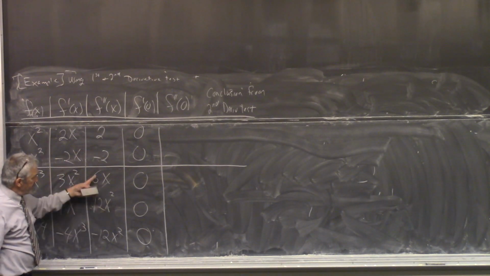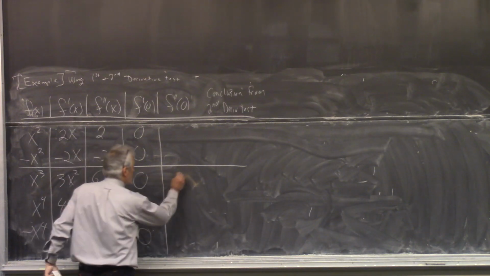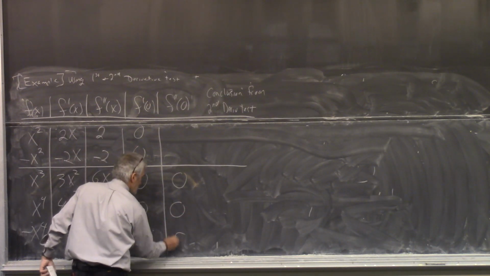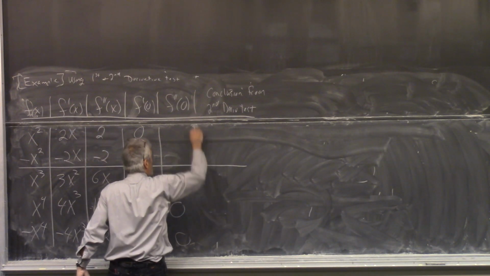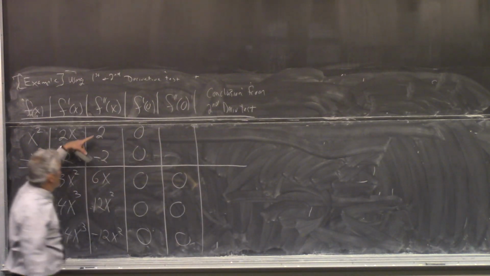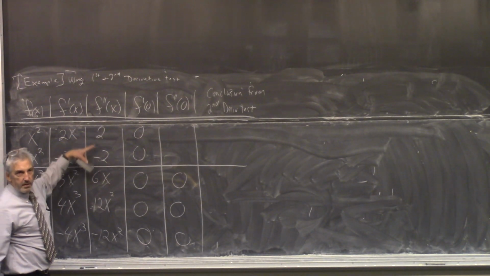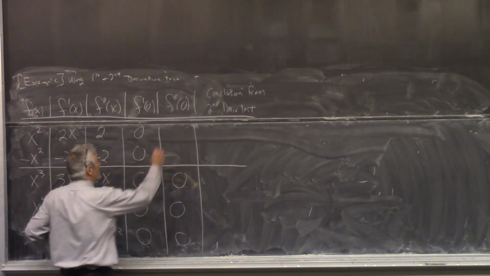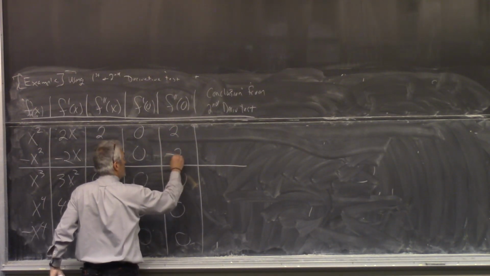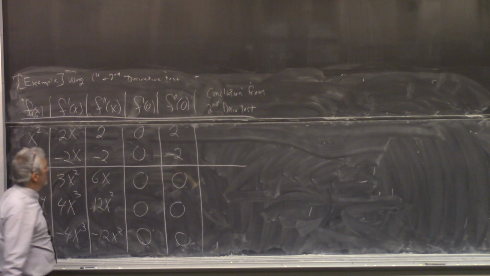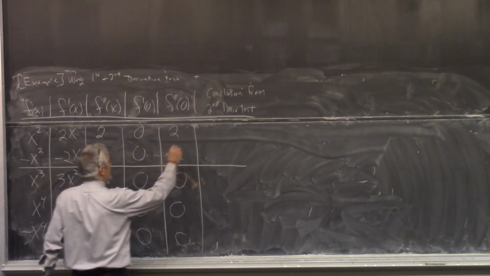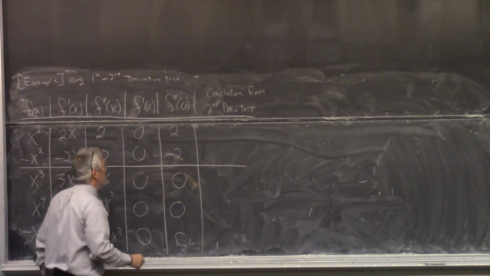These three things become 0. But the first two don't become 0. 2 and negative 2 are their values. And so notice that's positive, and this is negative.